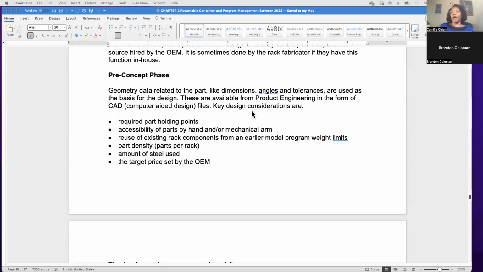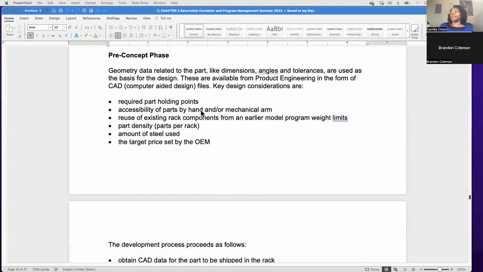Does that meet the operator's ergonomic standard? Is it going to protect the part? Those sorts of things. Like I said, here we talk about, how do the parts need to be held? Is it Class A surface and they can't be touched, or do you need something special to make sure that it keeps it in place solidly, but it doesn't scratch it?